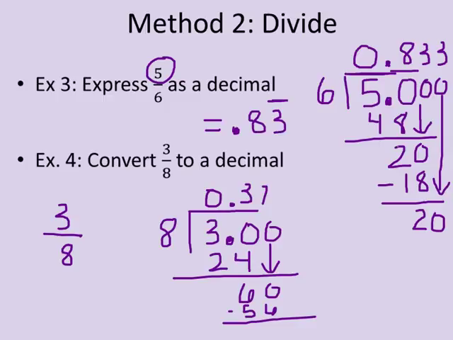Remainder 4. Bring down a 0. And, oh, there we go. 8 can go into 40 5 times with no remainder. So my answer for this problem would be 375 thousandths, 0.375.